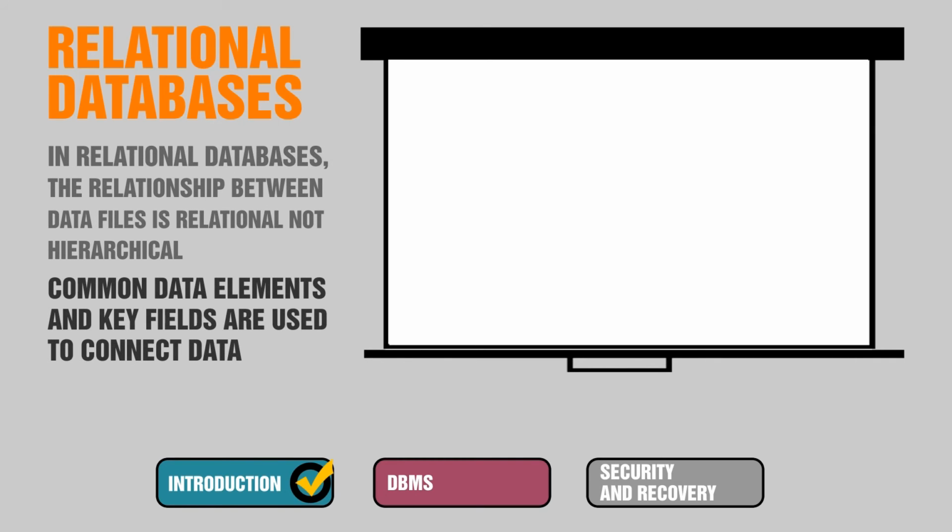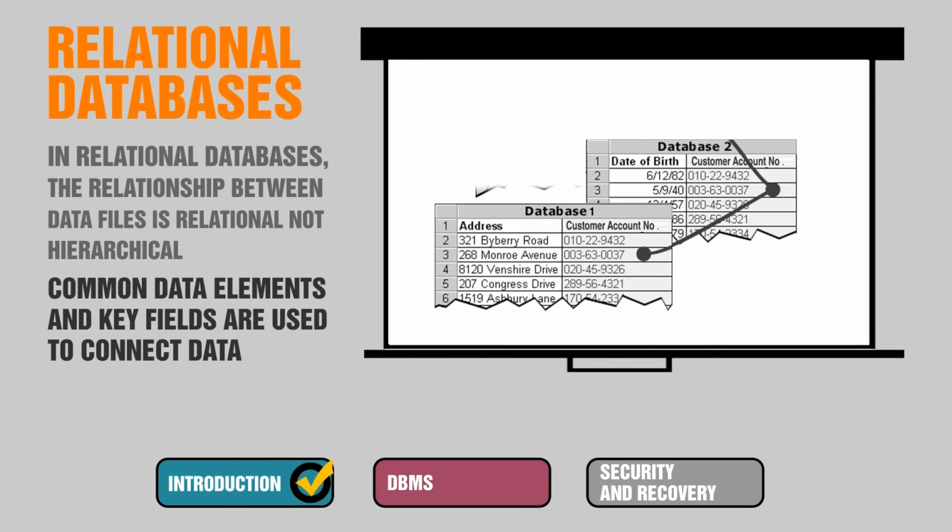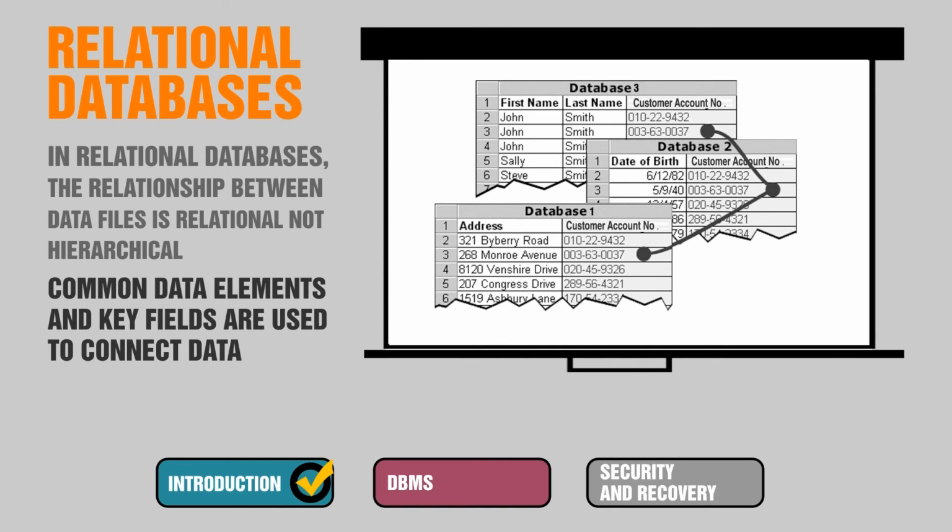Common data elements and key fields are used to connect data. For example, the customer account number in this table could be linked to another table of data that also includes customer account number but contains information about product returns, including an item number. They are quite popular because they are easy to use and have a very flexible structure.